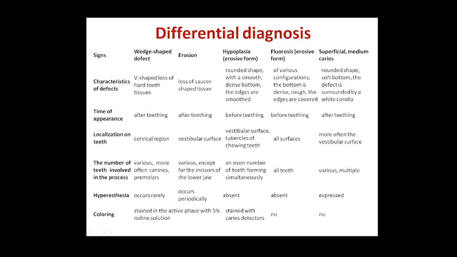Difference in characteristics of defect, time of appearance, localization on the teeth, the number of teeth involved in the process, presence of hyperesthesia, and coloring. According to these signs, we can differentiate exactly wedge-shaped defect from each of these diseases, from erosion, from hypoplasia, fluorosis, and caries.